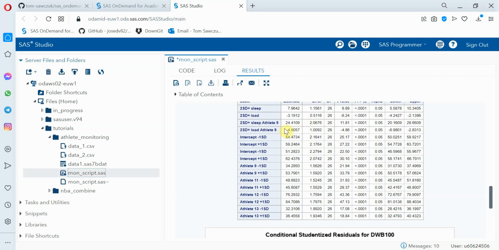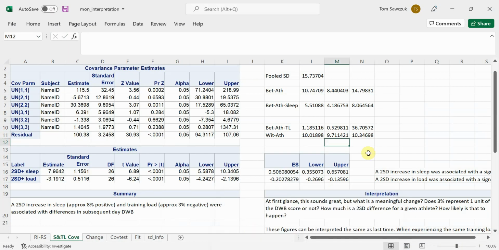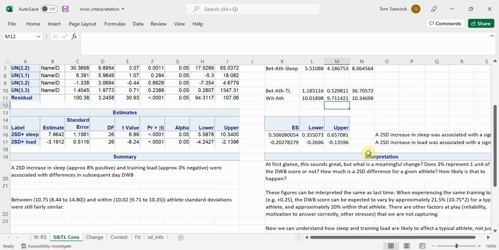So a 2 standard deviation increase in sleep for athlete 9 would result in a 24.4% increase in daily wellness, whereas a 2 standard deviation increase in load would result in a 4.9% decrease in wellness. We go back to our interpretation.